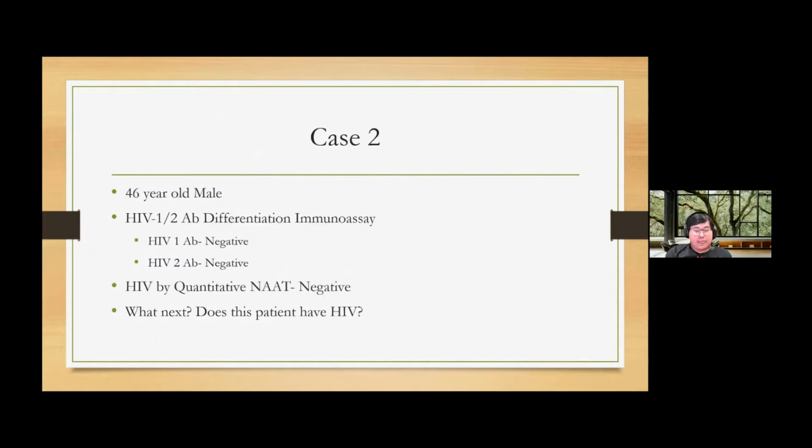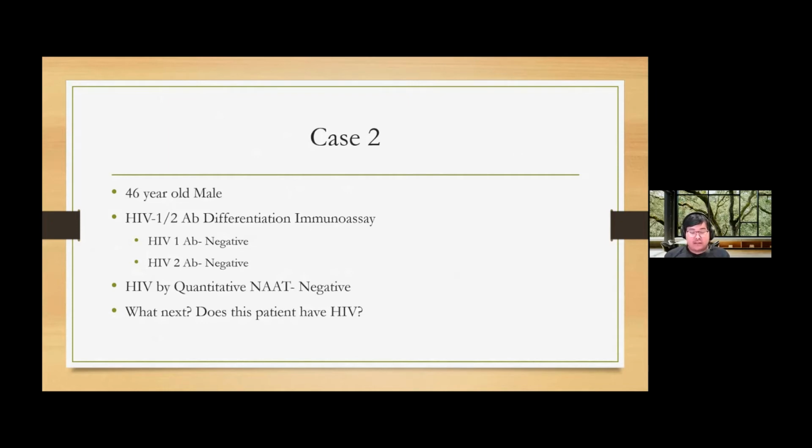The second case was a 46-year-old male. They got an antibody differentiation immunoassay, where HIV 1 and HIV 2 antibodies came back negative. Then they did HIV by quantitative NAAT, which came back negative.